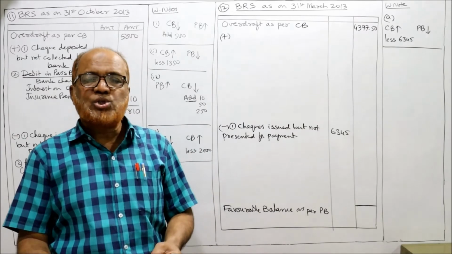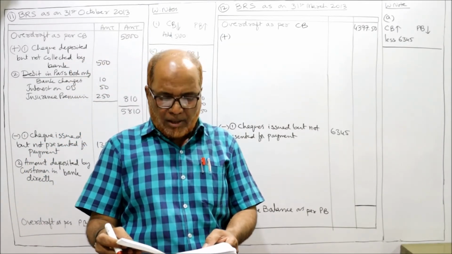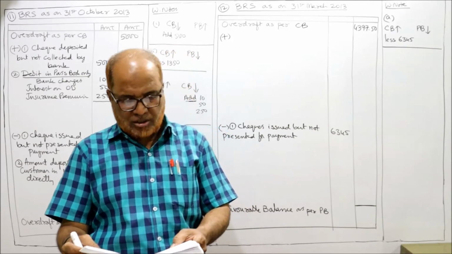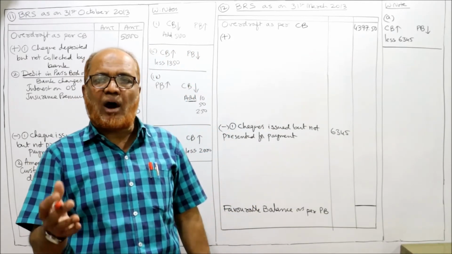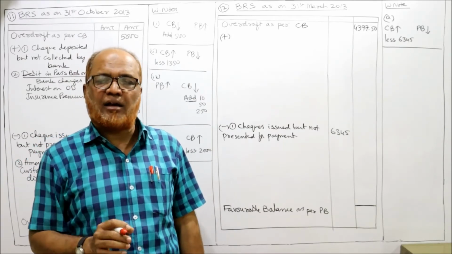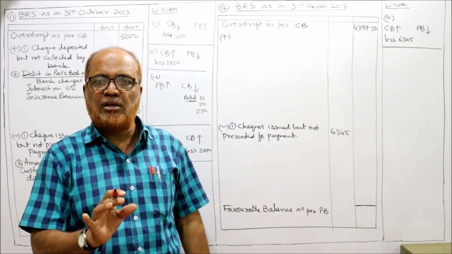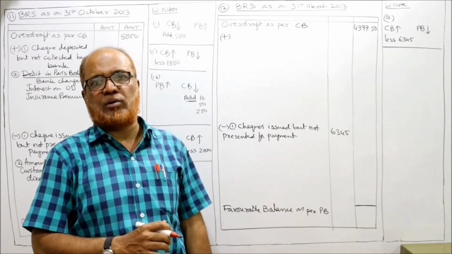Second, an outstation check for rupees 350 deposited in the bank on 30th March does not appear in the passbook. We have received an outstation check and deposited the check in the bank on 30th March. But the banker has not yet collected the amount.